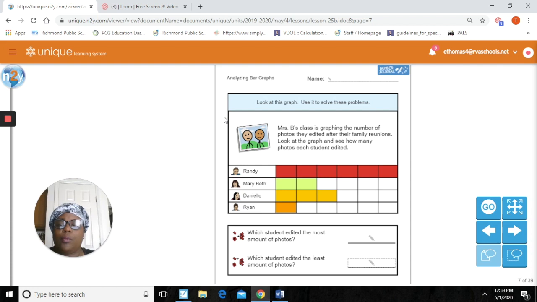If you recall, you may have been in class at one time or another, and the teacher may have said, I'm going to take a survey today. My survey is going to be about your favorite candy bar. Here are your choices. How many of you like Snickers? How many of you like Butterfingers?